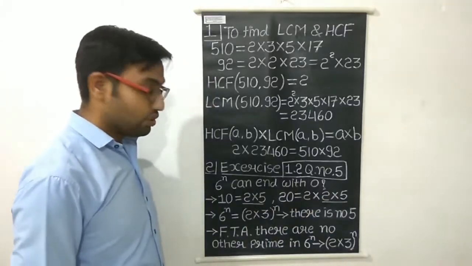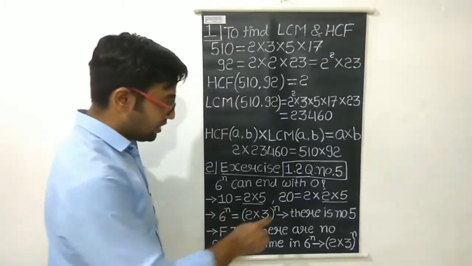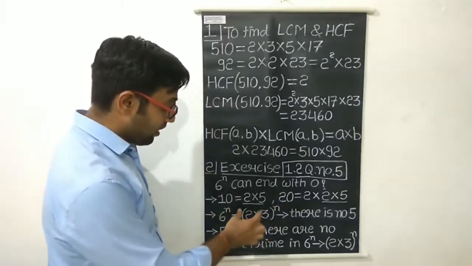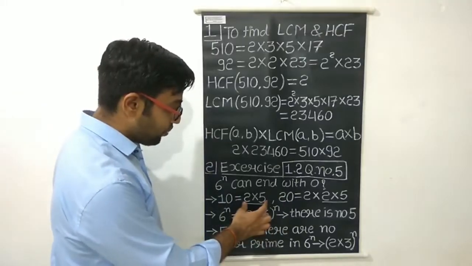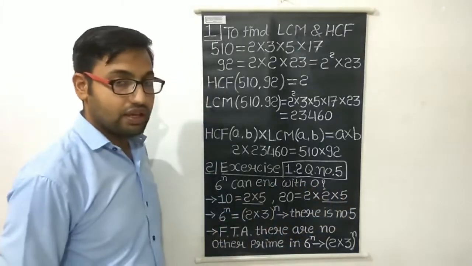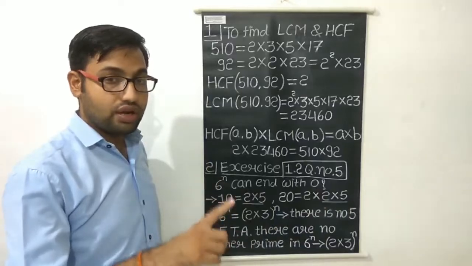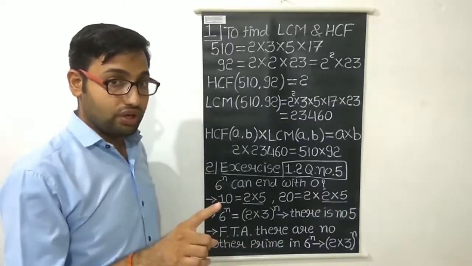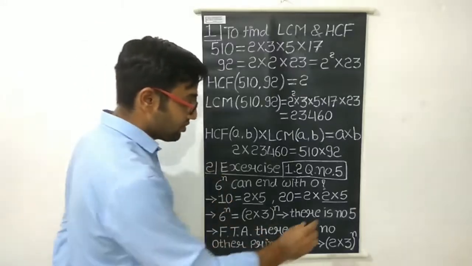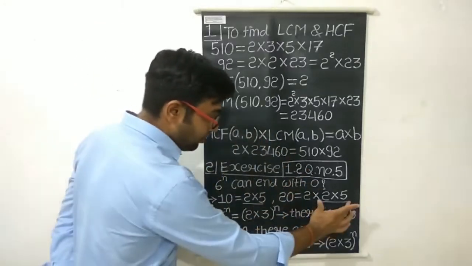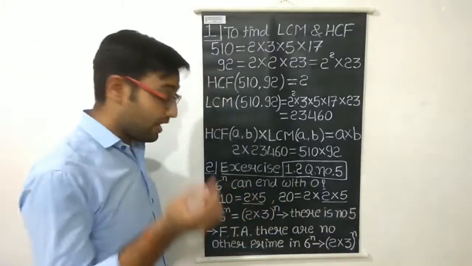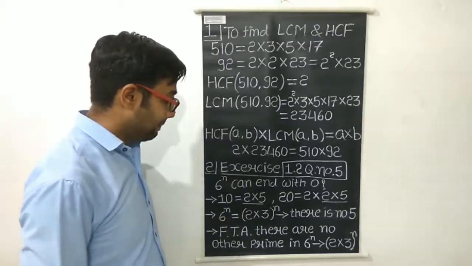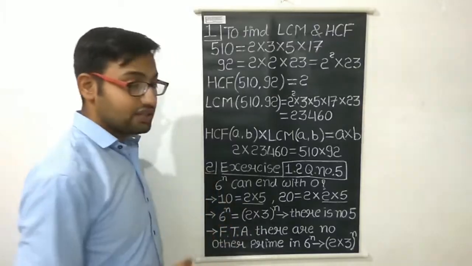Notice one thing: to have a last digit of 0, in the prime factorization of the given number there must be two numbers, 2 and 5. You can also check for 30, 40, 50, 60, 100, any numbers which end with 0. They must have at least these two factors, 2 and 5, in the prime factorization of that number. Now what will happen if we factorize 6 raised to n?